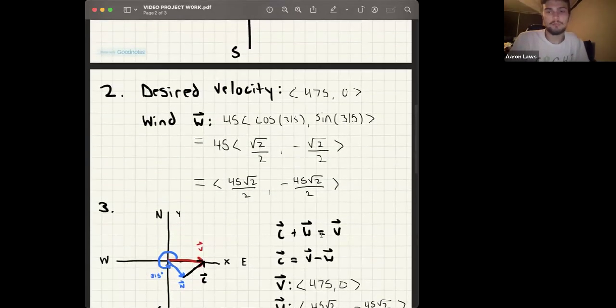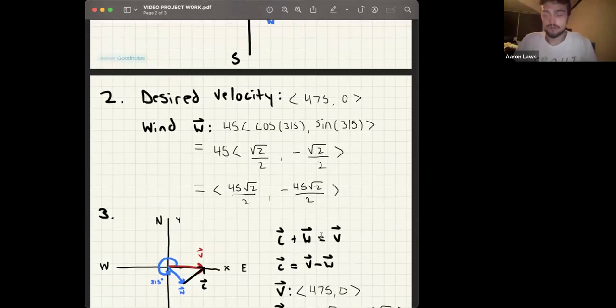We get that from the rules of trigonometry: the x and y components of this vector are the magnitude times cosine theta for the x component, and the magnitude times sine theta for the y component of the vector.